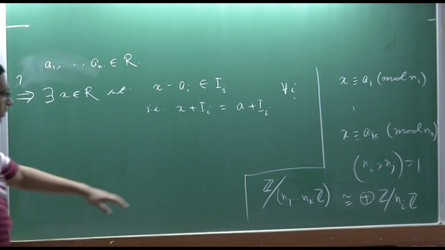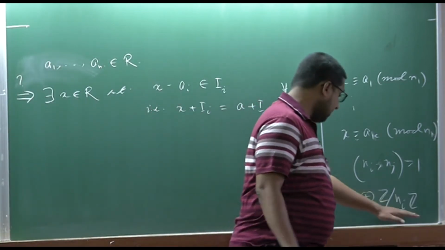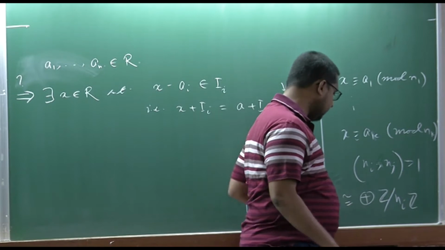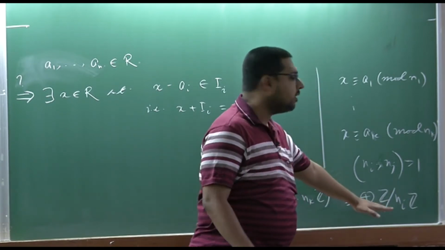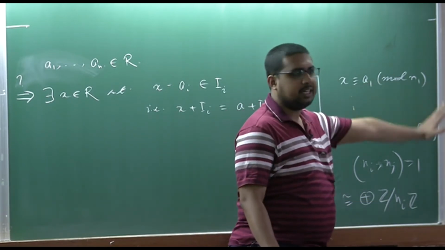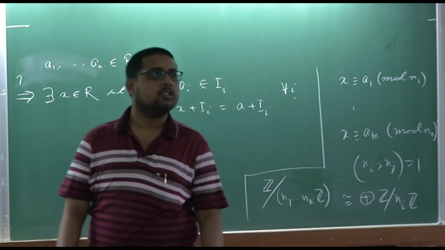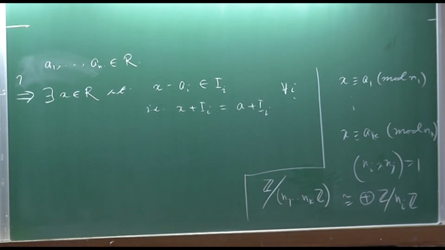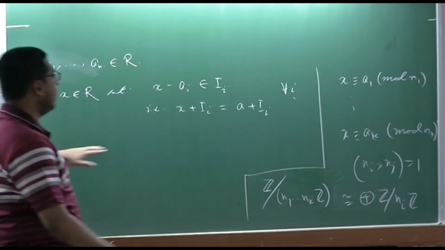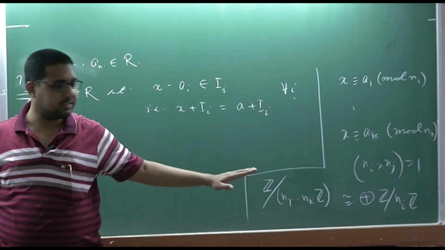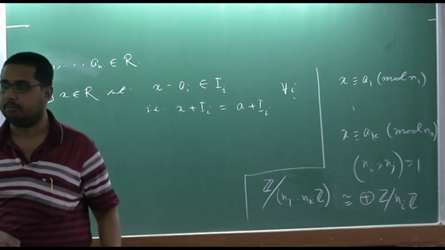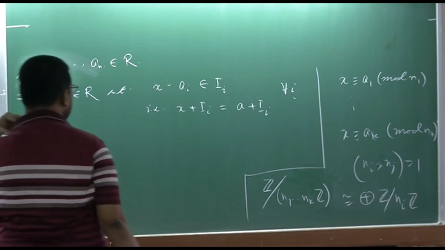So, the surjectivity of the natural map is basically the Chinese remainder theorem. Keeping that analogy in mind, it is also legitimate to consider this as the Chinese remainder theorem in the general setup.